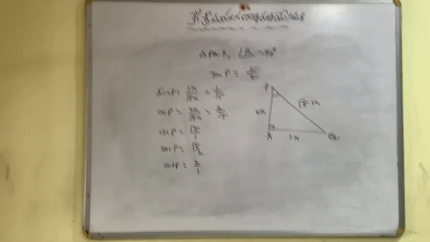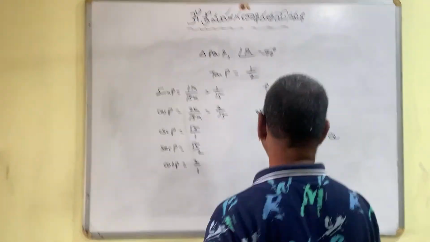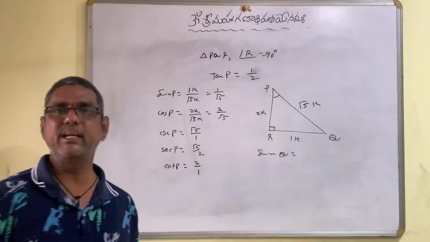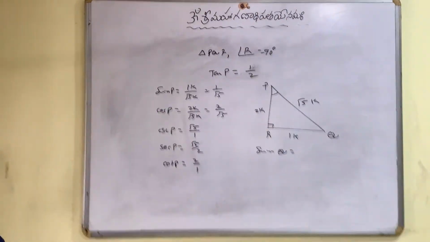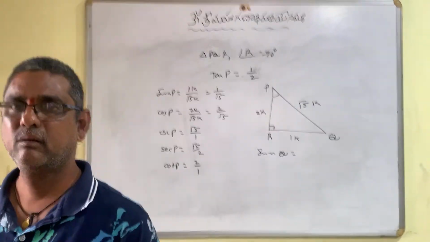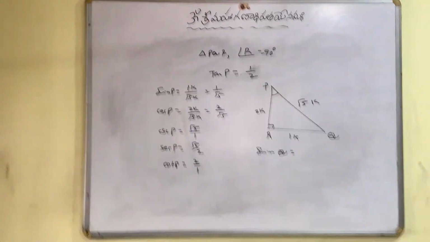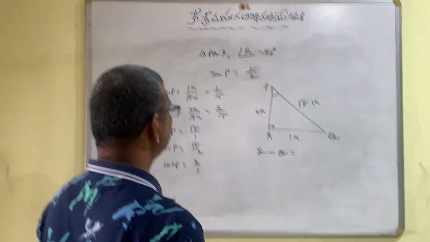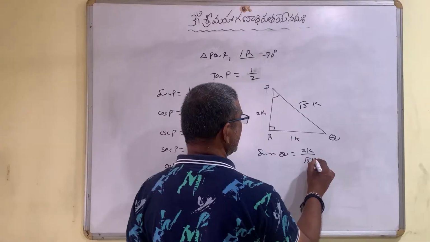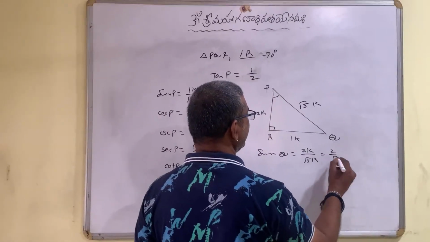Write the ratios with respect to angle Q. What is sin Q? 2k by root 5k, 2 by root 5.